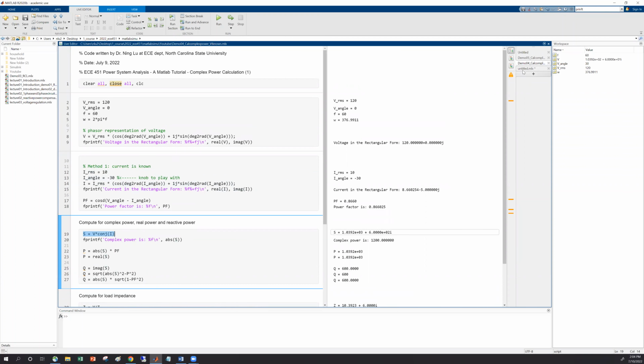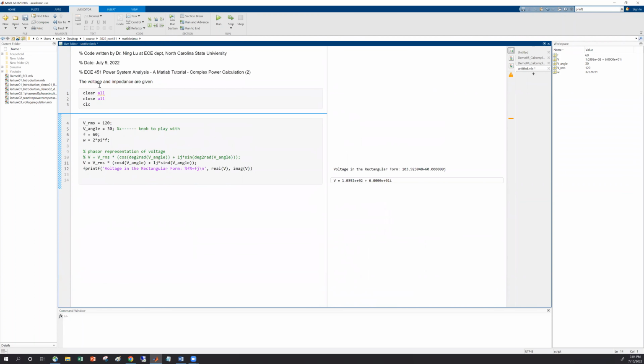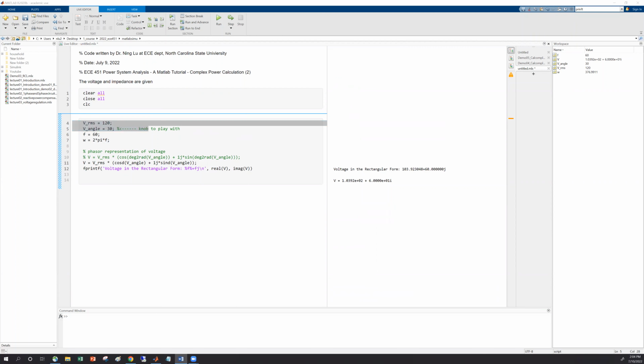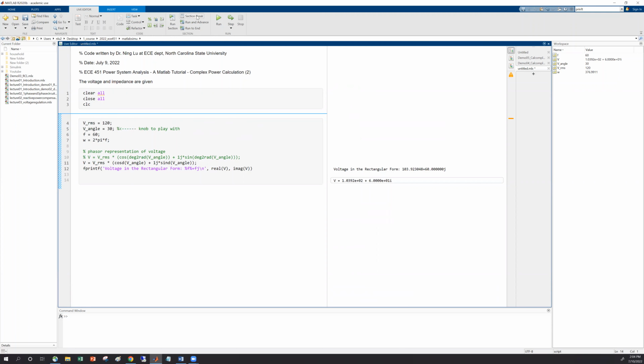In this case, we're going to demonstrate that we give you the V and the impedance, okay? So let me put the impedance there. To save some time, I'm just going to copy them in.